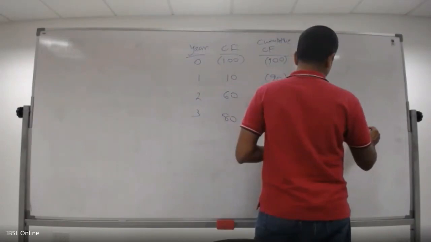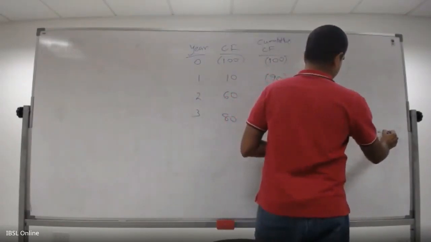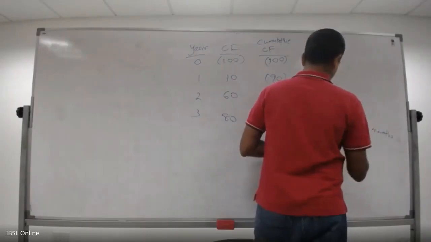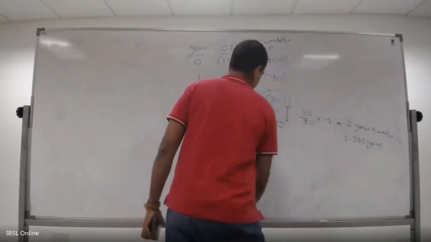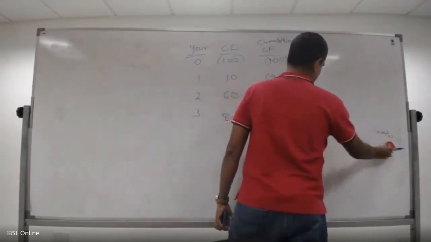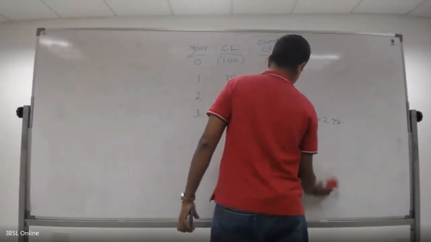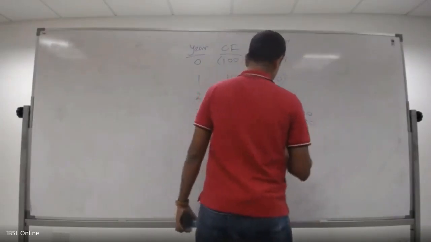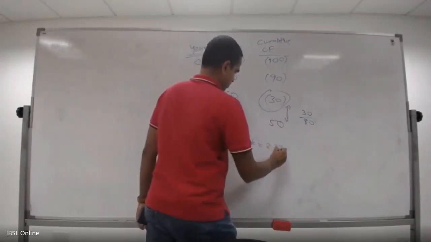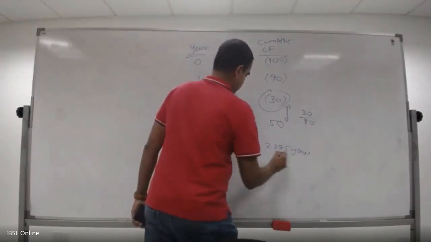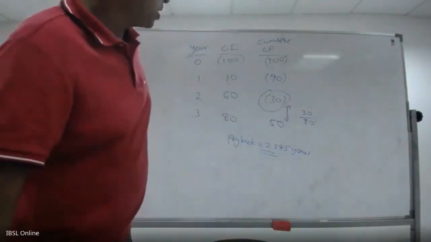It comes to 2 years, 4 months. Now that's 2.375 years. So you can just write 2.375 years. You don't have to go into detail. That's how long it takes to pay back.